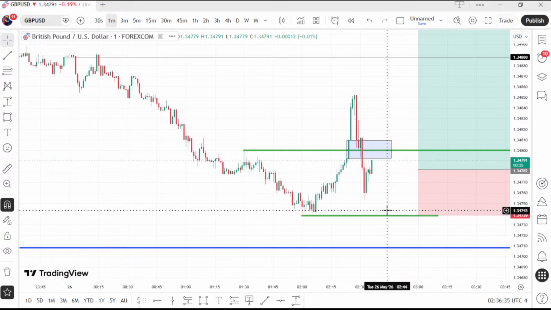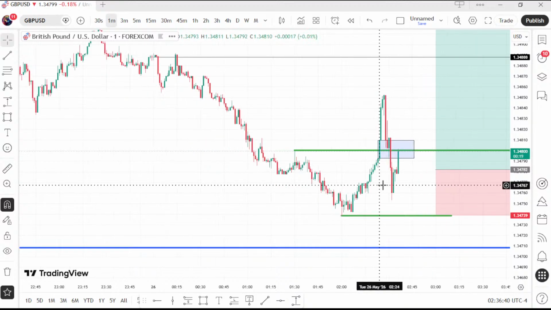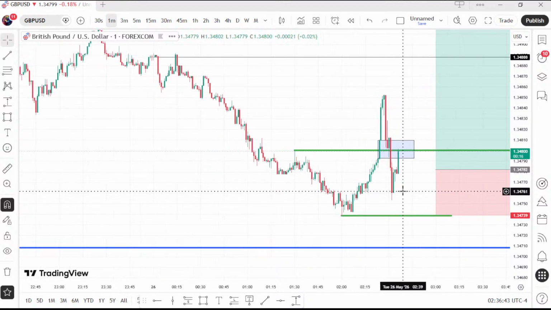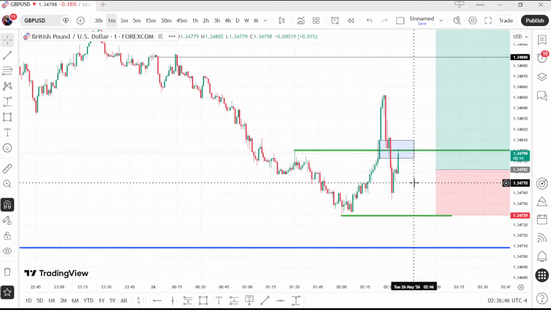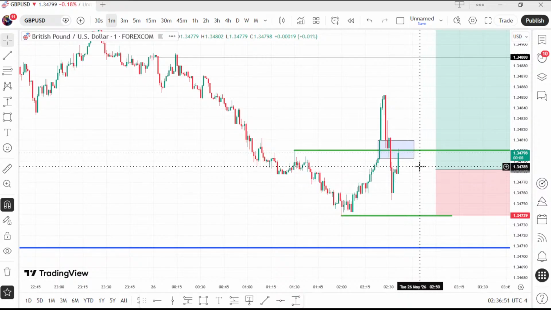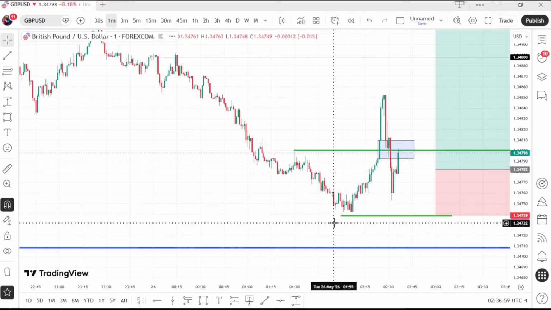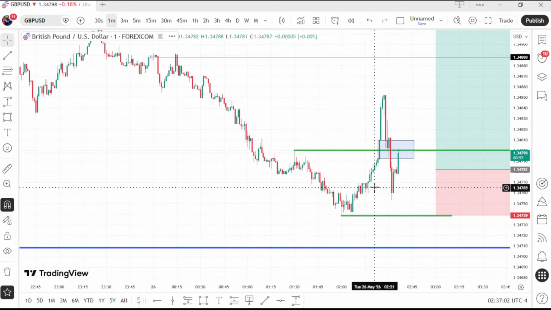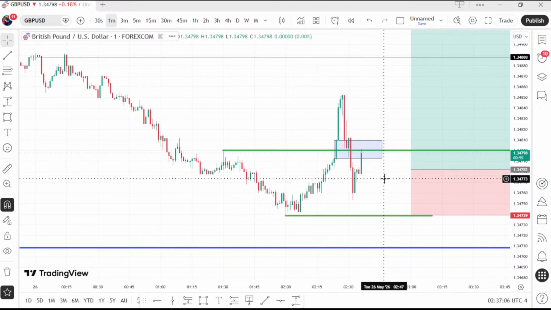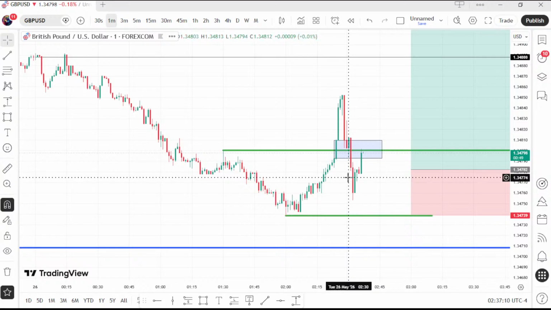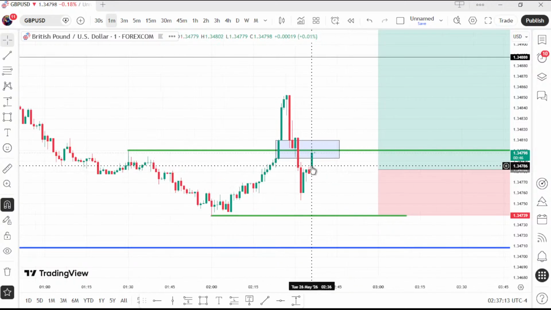But if it doesn't, I'm touching my bar. Let's see what happens in this 2.7 candlestick.